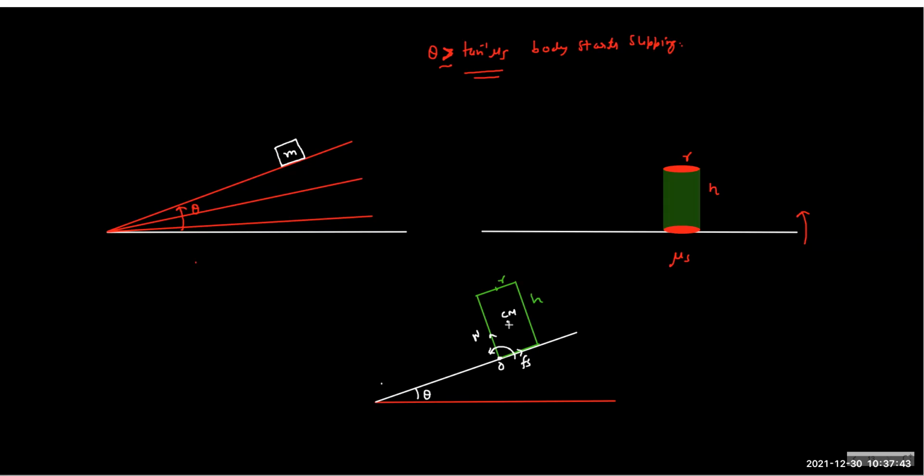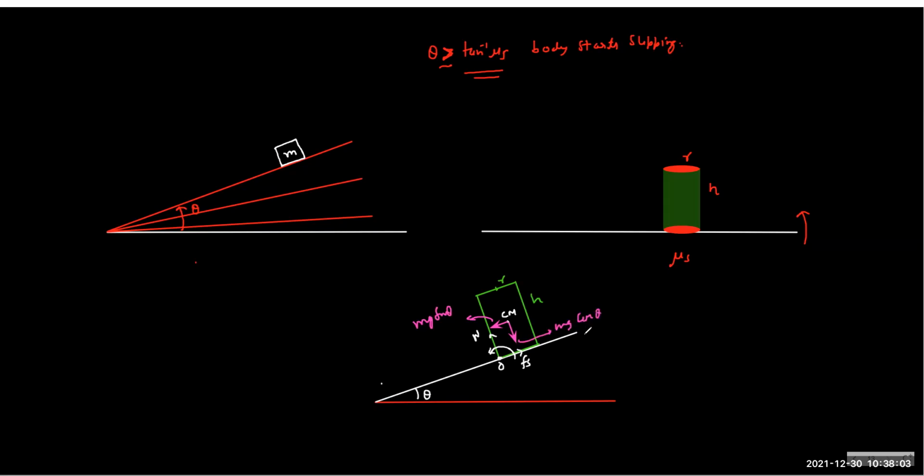Instead of drawing the gravity like this, I'll draw the gravity as components. This is the component mg sin theta, and this is mg cos theta.